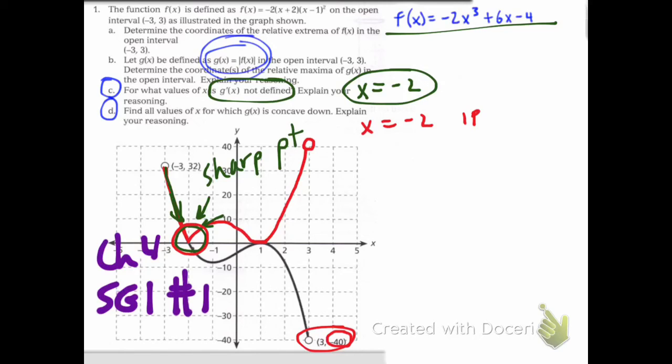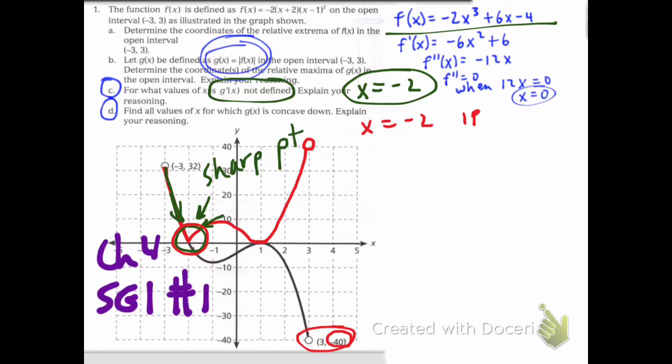Therefore, f prime of x would be equal to negative 6x squared plus 6, and f double prime of x would be equal to negative 12x. And f double prime equals 0 when 12x is equal to 0, or when x is equal to 0.